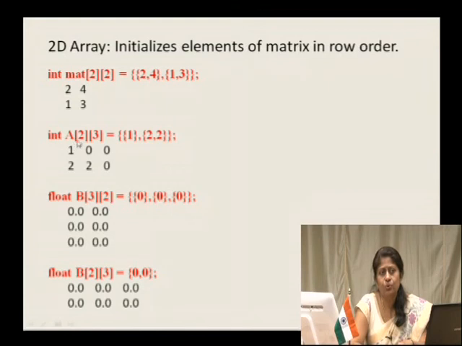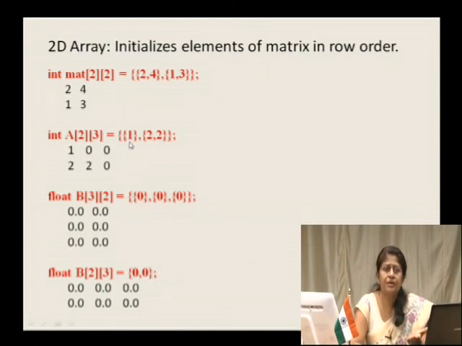And then int a of 2, 3 is equal to 1, 2, 2. We have a 2 cross 3 matrix, meaning 6 elements totally, but here we are assigning only 3 values. So, what about the rest 3 values? All of them should be assigned 0, but in which location of that particular 2-dimensional array these zeros should appear is given by the way that we have used these braces.